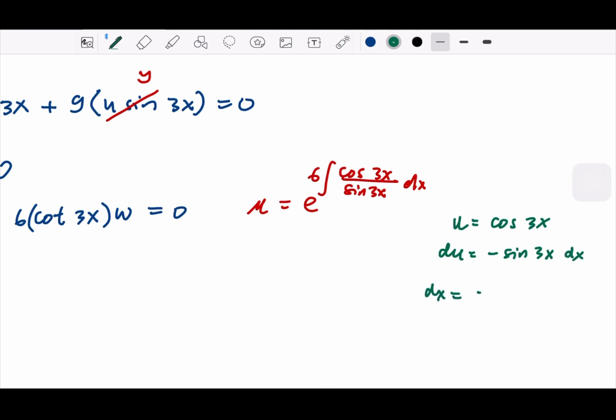So dx is negative. Oh, it should be sine, to make it cancel out, right?